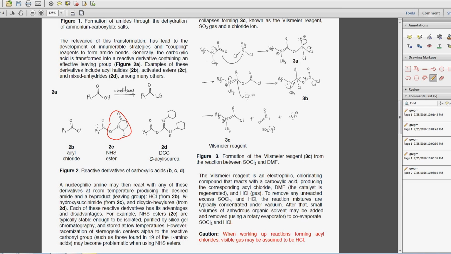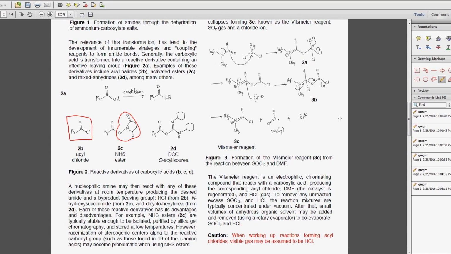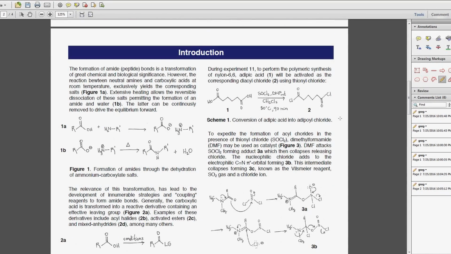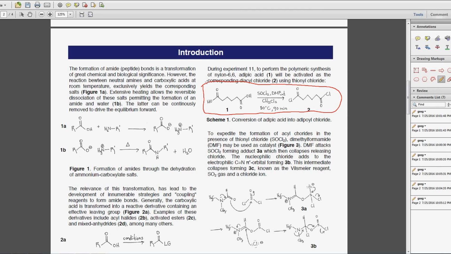But again, for this experiment, we're going to make the acid chlorides, and then we're going to take those acid chlorides and react them with hexamethylene diamine. So here are the reaction conditions for taking adipic acid, which is this 6-carbon acid, and converting it to the diacid chloride.